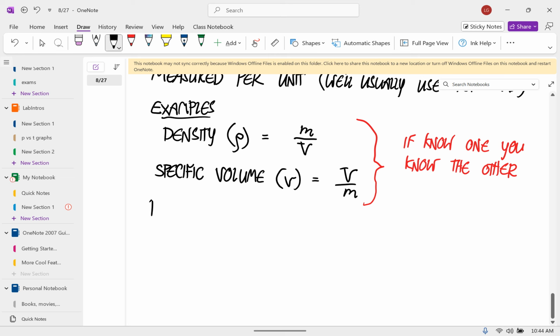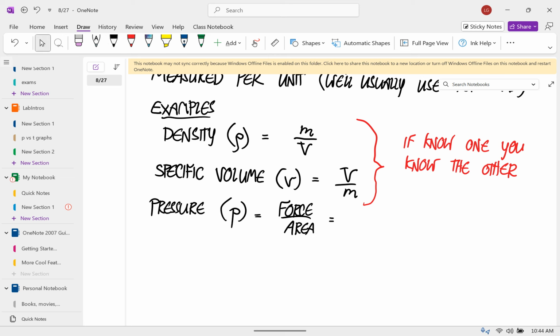The pressure, we write this as lowercase p, and this is force per area. In SI units, this is newtons per meter squared, which is called a Pascal.